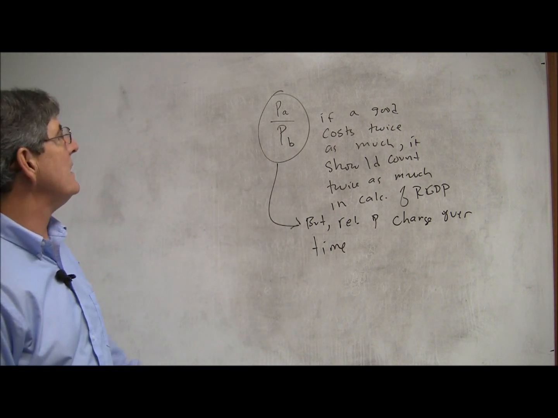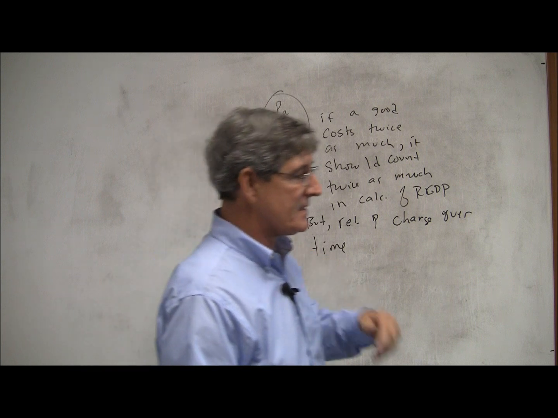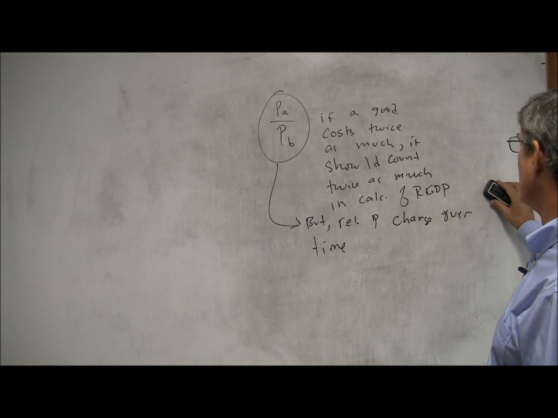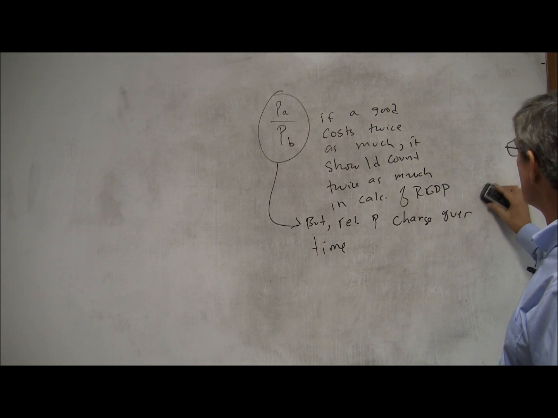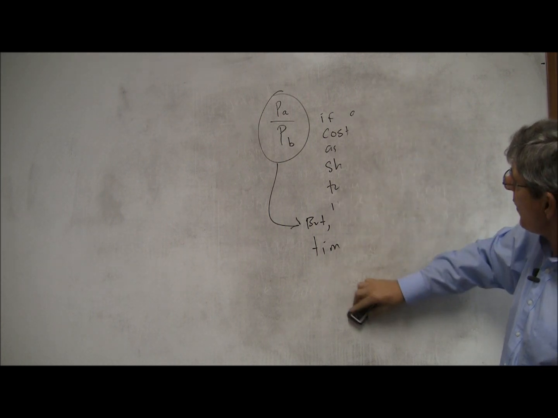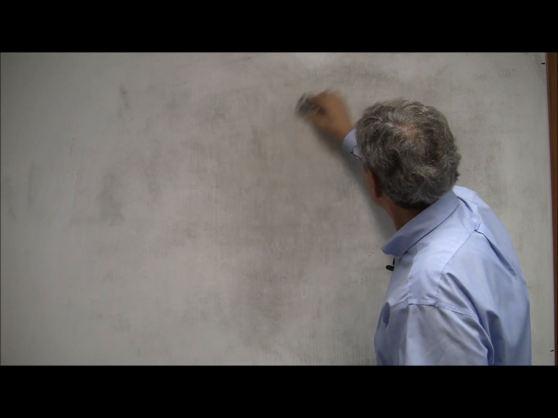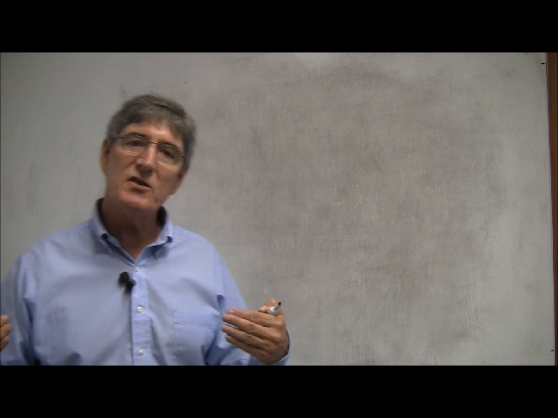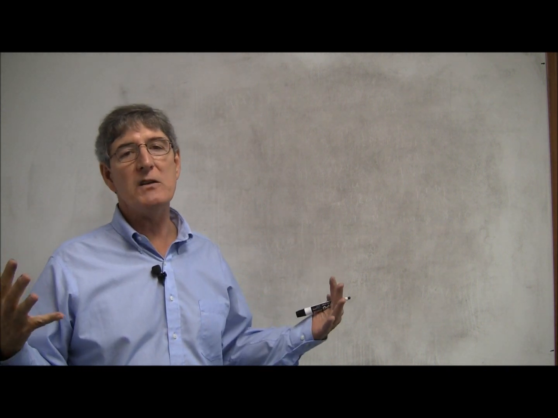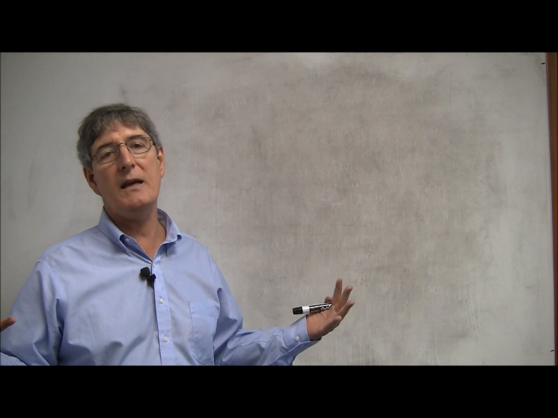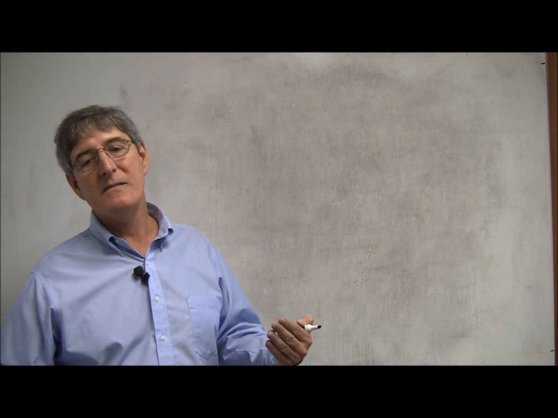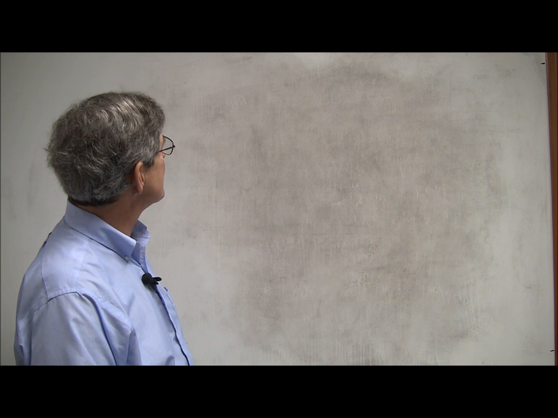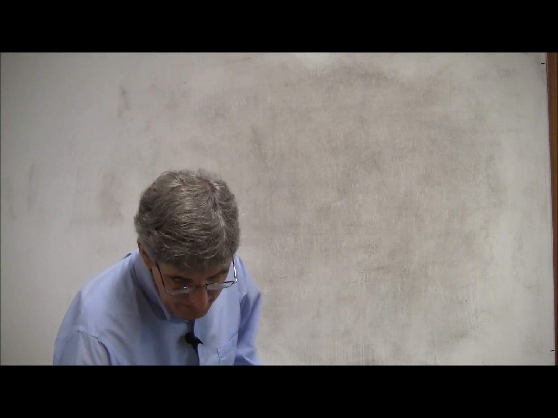But I don't want to focus too much on this, because we're just getting into details that we don't really need to know for the stuff we're going to do later. Just realize that it's a little more complicated when you have more than one good. You have to weight the goods by the ratio of their prices. Those ratios change over time. To solve that, they use what's called chain-weighted real GDP, which just averages the relative prices for some time period.